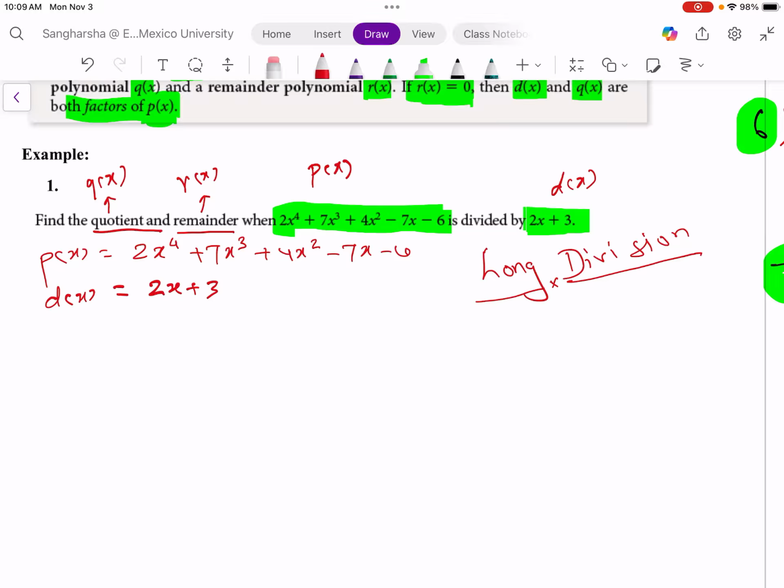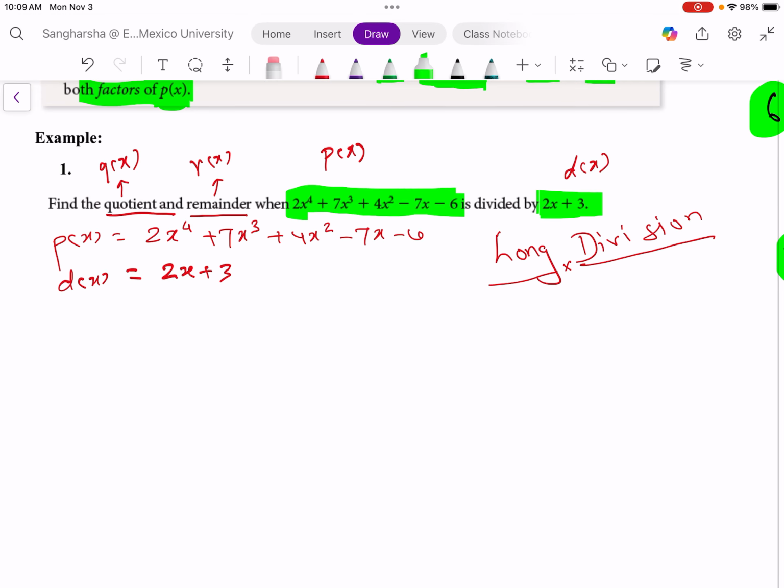For long division, the very first step is that we rewrite our polynomial in the descending order of exponent of the variable. Now we have our p of x. Is p of x in the descending order of exponent of the variable?